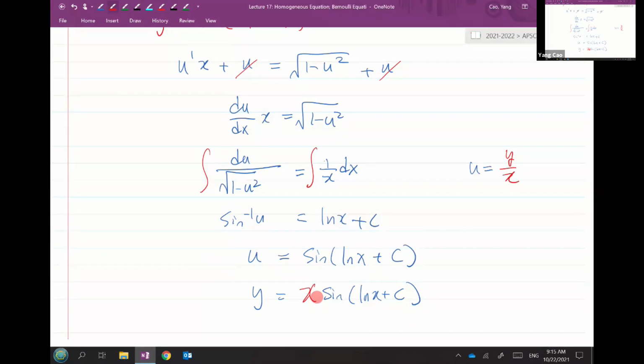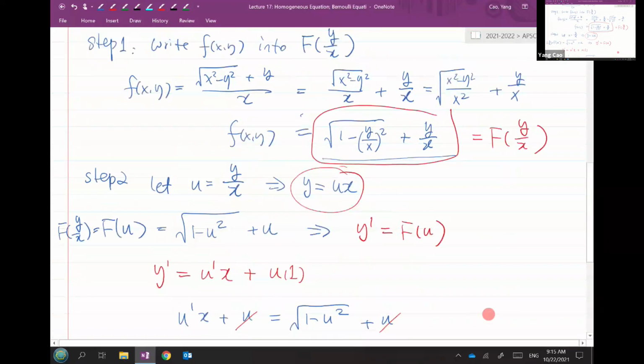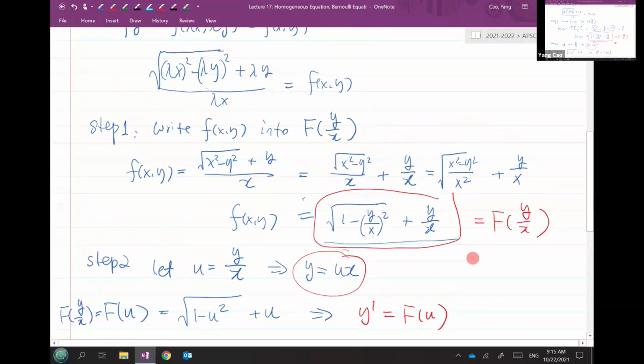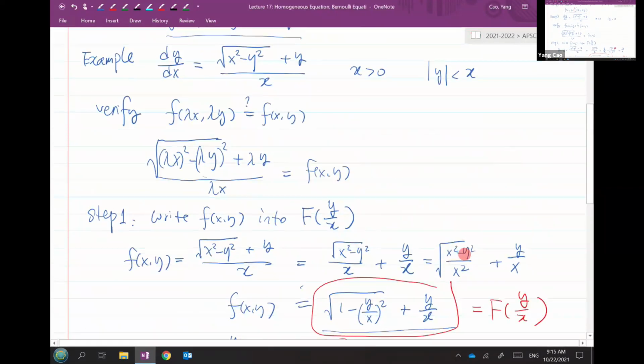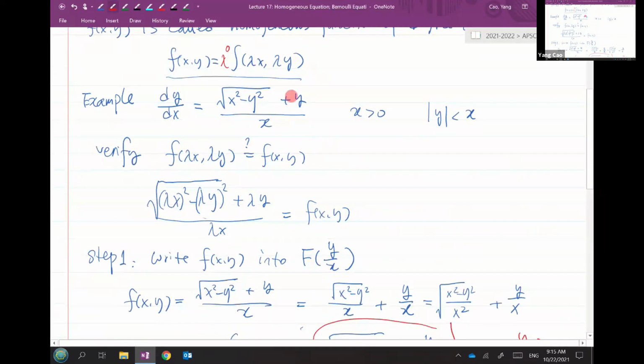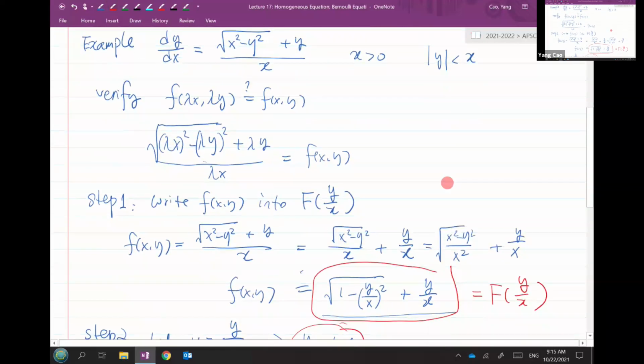Okay, so that is the approach to solve a homogeneous equation. Let's let it sink in a little bit. First step, of course, you have to identify it's a homogeneous type of equation. Actually, the more you do it, the better feeling you'll have. Once you look at the expression f of x, y, you more or less will be able to identify that. But the first step is to rewrite this f of x, y into a function of y over x.